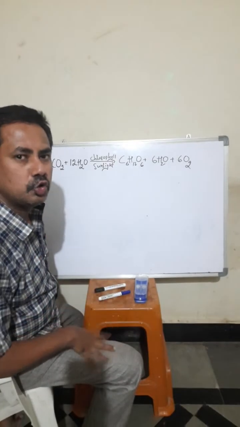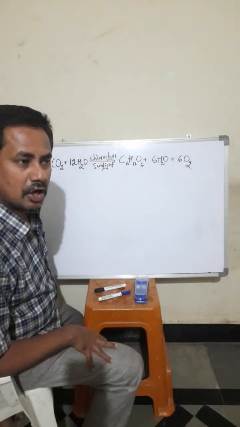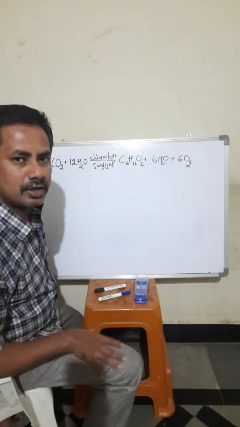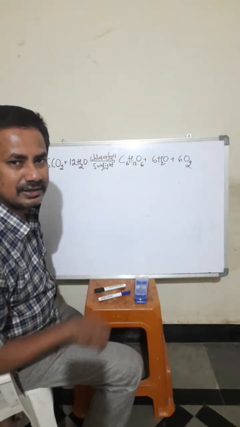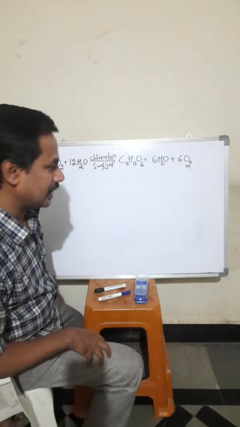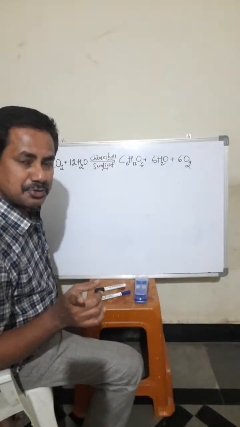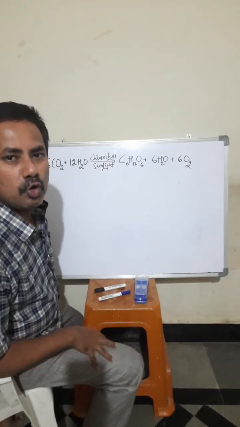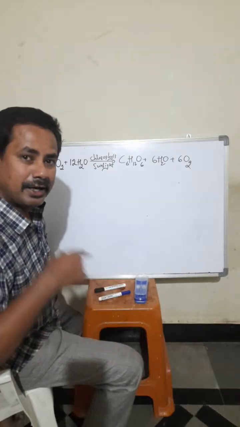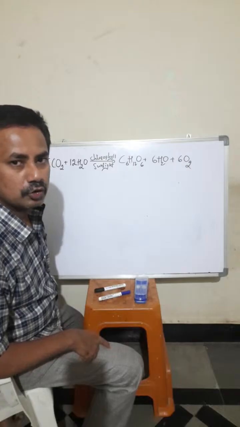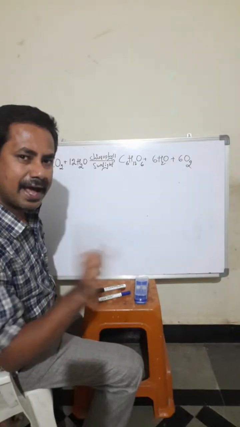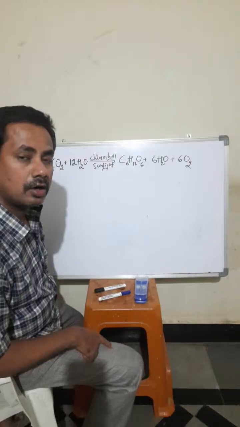You already know that from your basic syllabus. Plants, green plants, and a few bacteria are autotrophs. The organisms which cannot prepare their own food, but depend on other organisms for food, are called heterotrophs. Heterotrophs depend directly or indirectly on autotrophs.